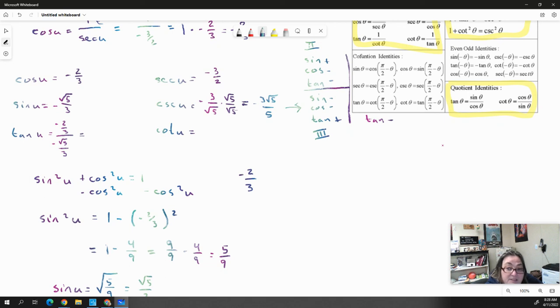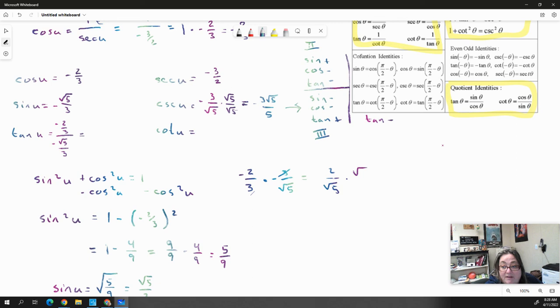But if I do this, it's going to be negative 2/3 times the reciprocal, right? Because that's how we solve divided fractions, by multiplying by the reciprocal of the denominator, which is going to be negative 3 over radical 5, right? The 3's are going to cancel, and we're going to get 2 over rad 5, which we can't leave like that.